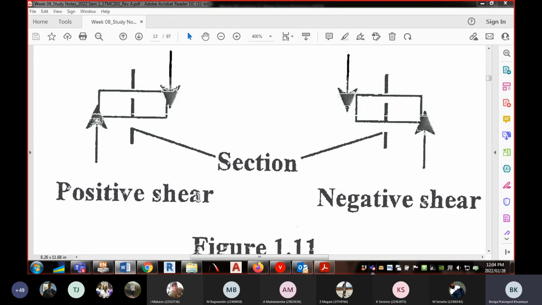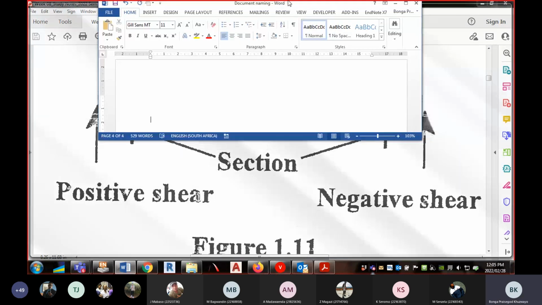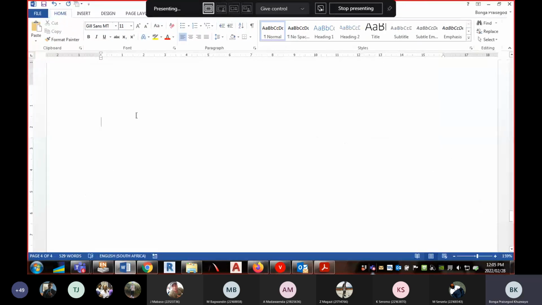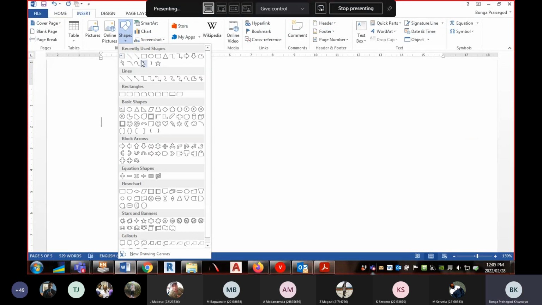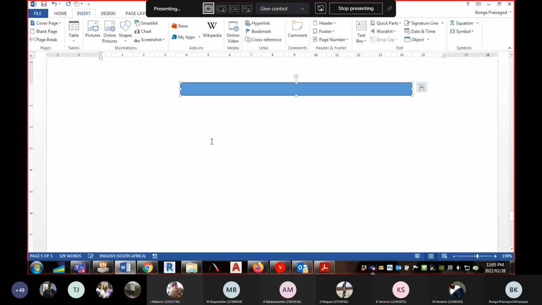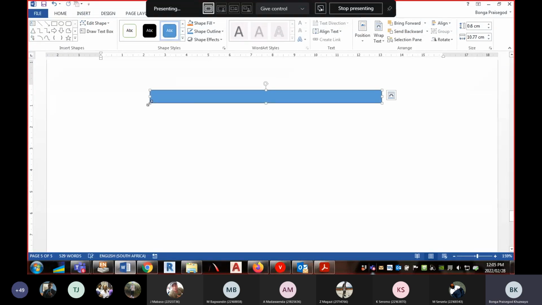I'll do it just now. Give me one second. I want to use Microsoft Word. So what do we mean by this? Let's say you have a beam. So this is a beam. You go to the structure and then you consider a section.